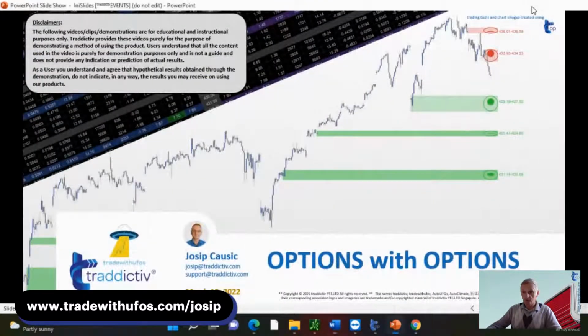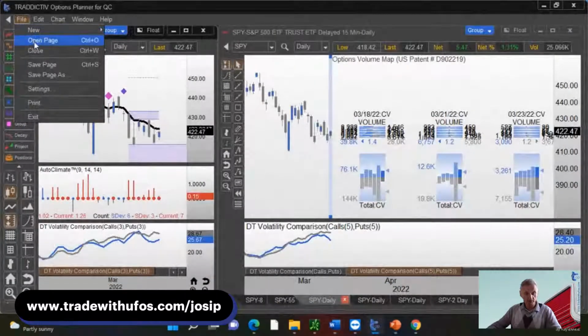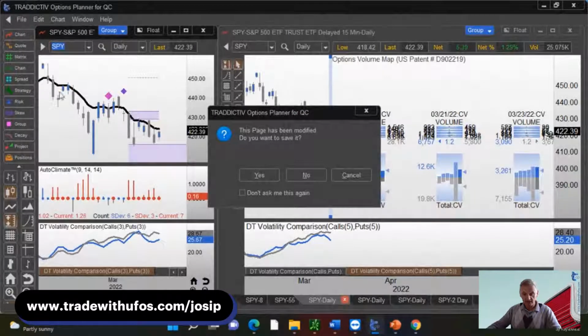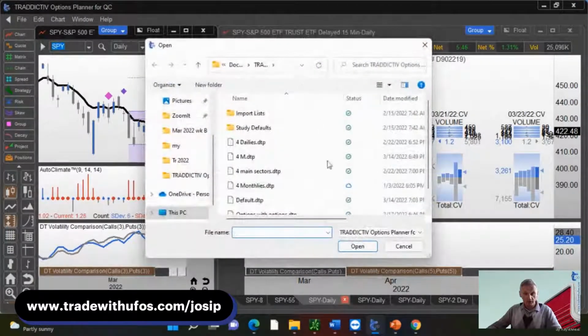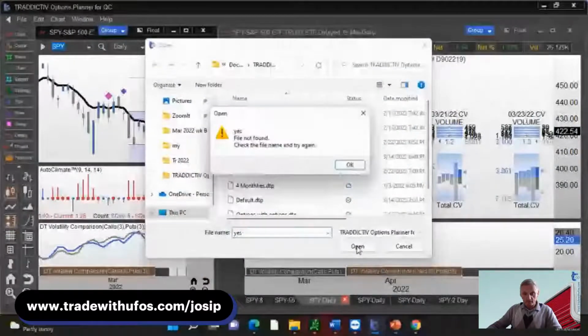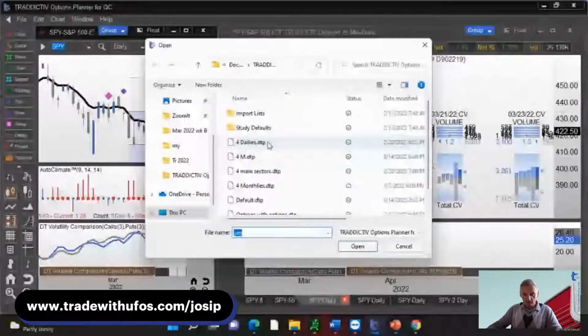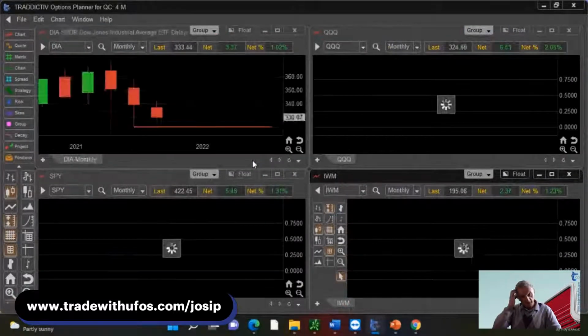We are going to start a little bit different in terms of the big picture because a lot has changed. What I'm doing now is simply opening up the monthly chart of my setup here.